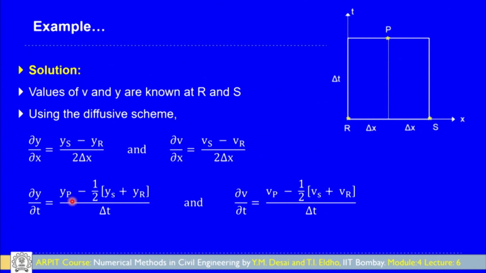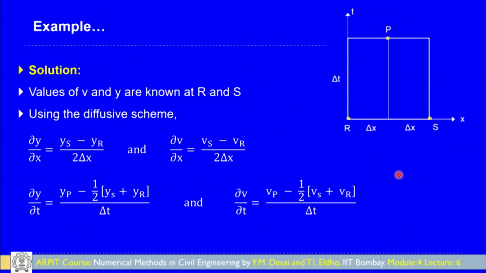Here the unknown yp comes. So, yp is this location: (yp − half of (ys + yr))/Δt, and ∂V/∂t can be written as (vp − half of (vs + vr))/Δt. So, that is ∂y/∂t and ∂V/∂t, and we have already written ∂y/∂x and ∂V/∂x.